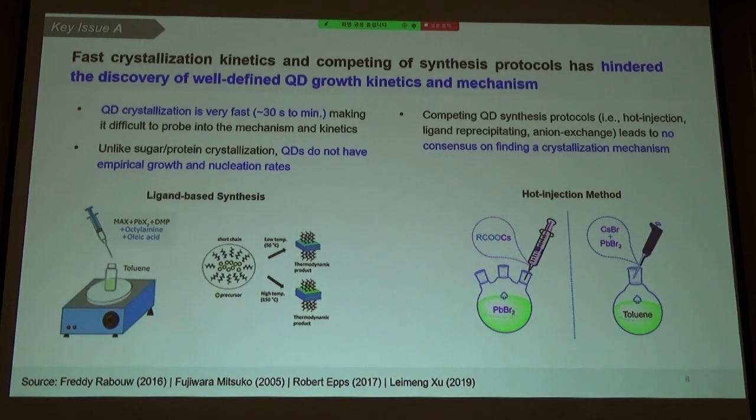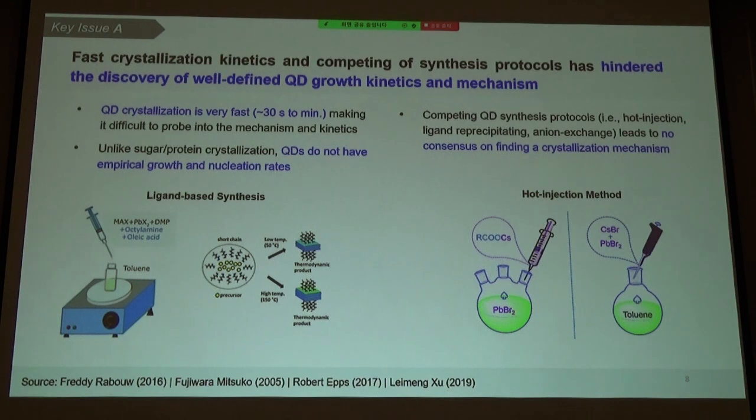If you run a batch process, it takes maybe more than 10 hours, or sometimes very close to a day. But for QD crystallization, one of the biggest differences is that it's very, very fast. It takes about 30 seconds. The case study that I'll be talking about today takes less than 30 seconds to minutes. So it's quite difficult to study the mechanism and kinetics.